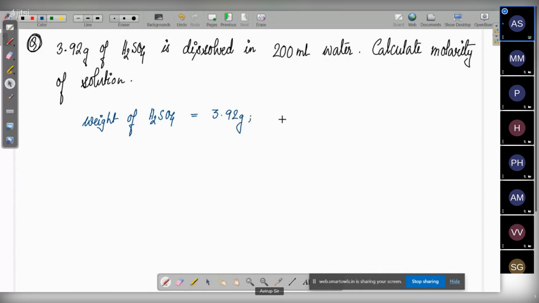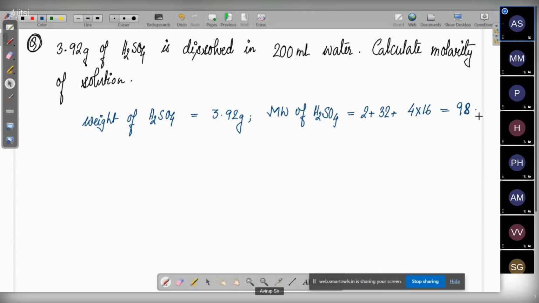Now you need to find out the molecular weight. In order to find the number of moles, you must know the molecular weight. The molecular weight of H2SO4 will be 98. Let us show by calculation: 2 plus 32 plus 4 into 16, that is equal to 98.